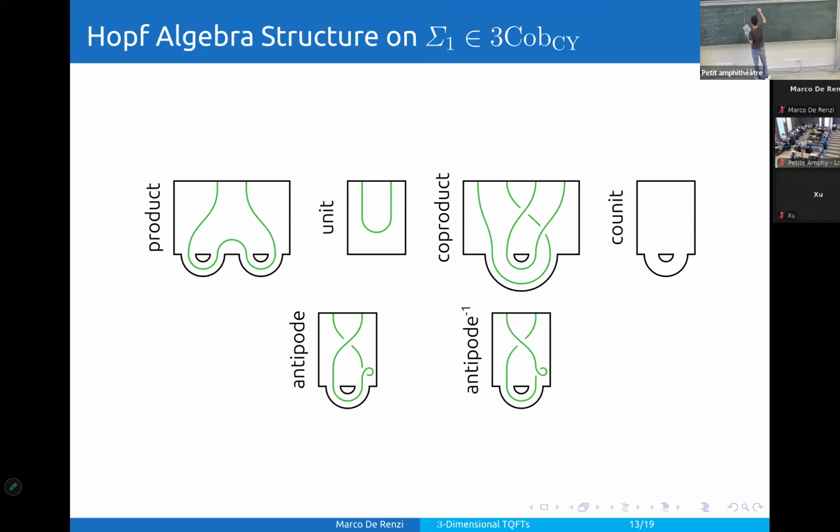So first of all, you should know that every finite left rigid monoidal category admits a unique such end, up to isomorphism.